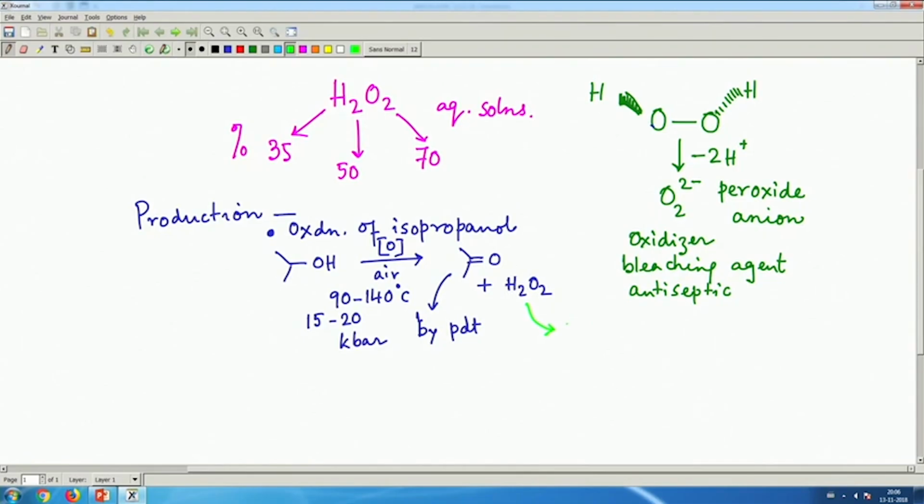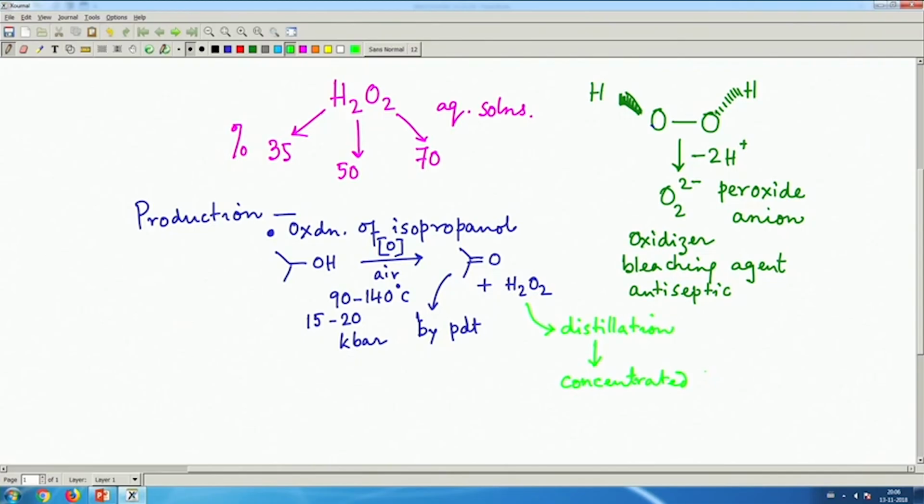This dilute form can therefore be taken away through distillation, and once it is out through distillation we can go for concentration. It is therefore concentrated to increase its concentration from say 20% to 70%, which is available in the market.